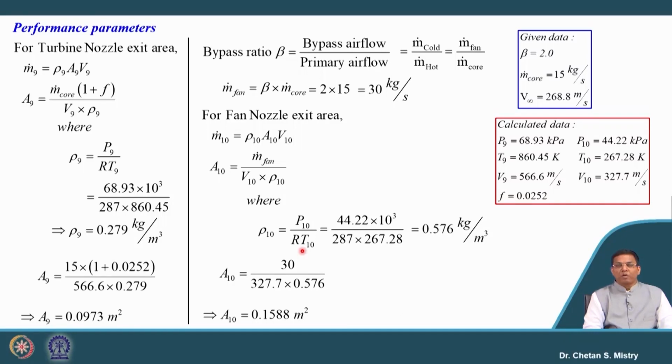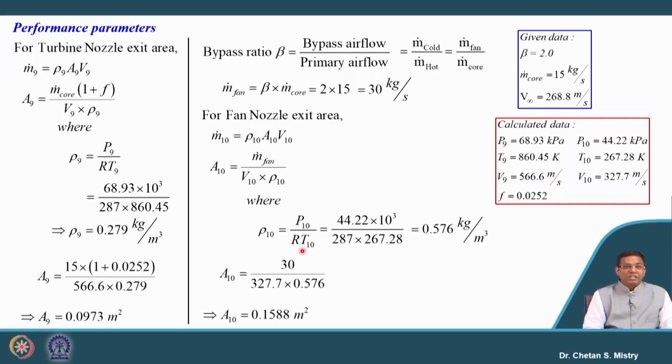We have done the calculation for different cycle parameters at the exit of different components. We have done the calculation for the exit velocity from both the fan nozzle and the core engine nozzle, and we have done the calculation for the area.